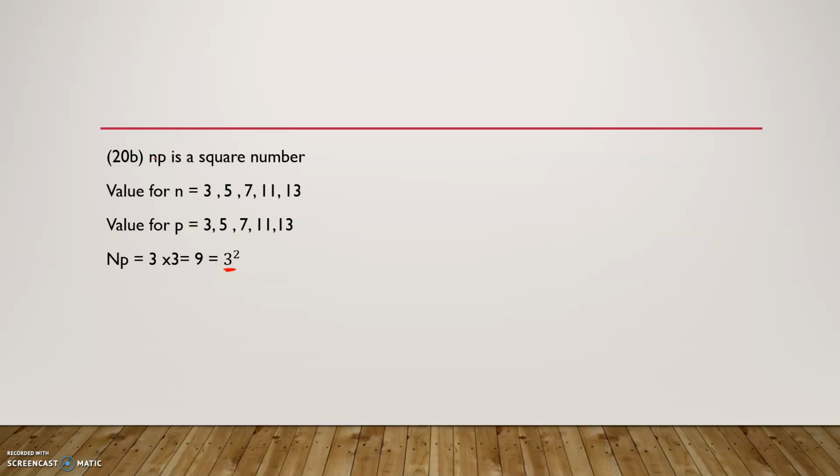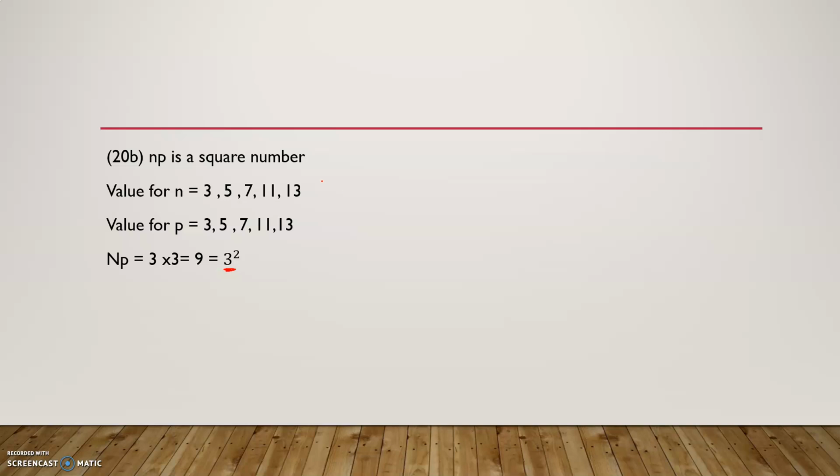So the multiplication of an odd number and a prime number is a square number. So 3 and 3, 9, which is 3 squared. We can work out 5 times 5, which would be 25, which is 5 squared. Same with 7 times 7, 11 times 11, 13 times 13, and so on and so forth.